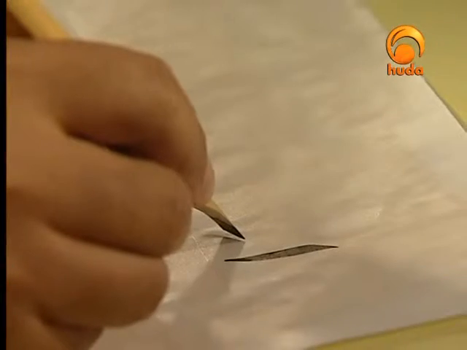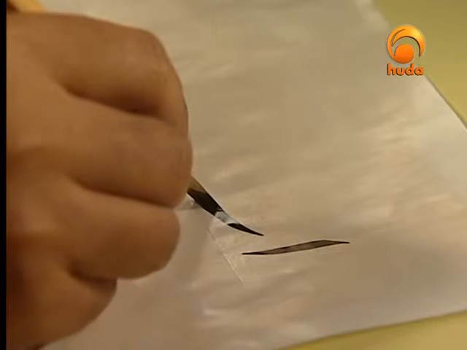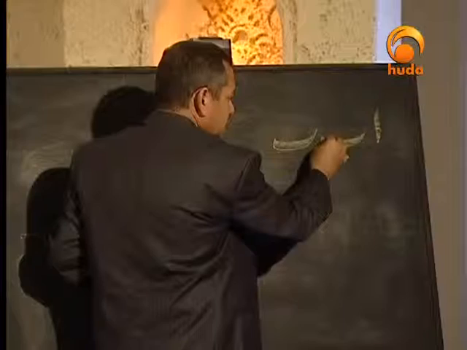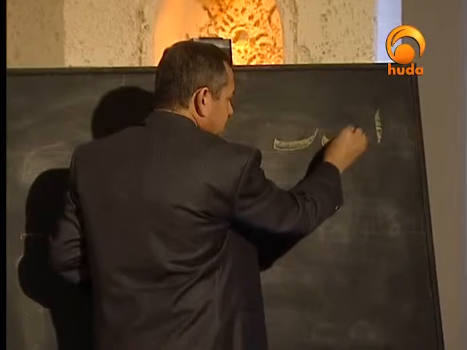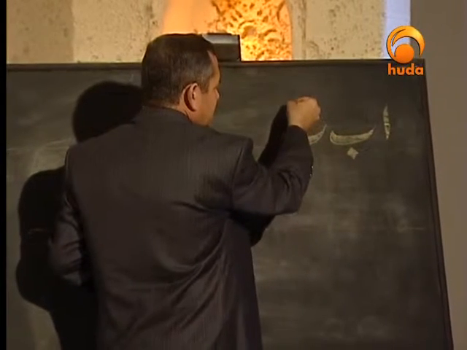You can see when I'm starting here, I start with the thin, which means a third of my thickness, and I end it here with the full thickness. So this is ta.